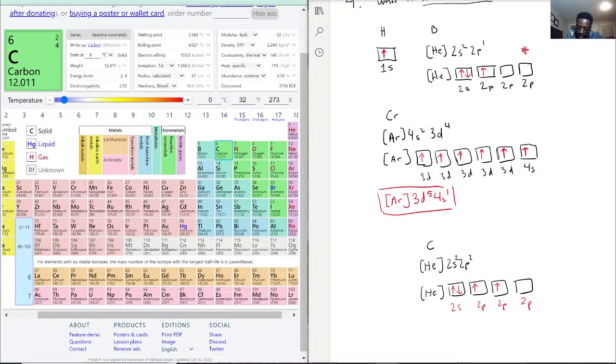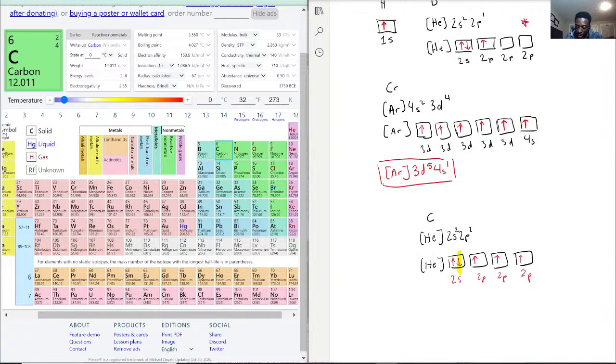Technically this electron here would be better stable, in my opinion, over here. So instead of it being 2s2 2p2, technically it would be 2s1 2p3, just because that way it would be better stable.